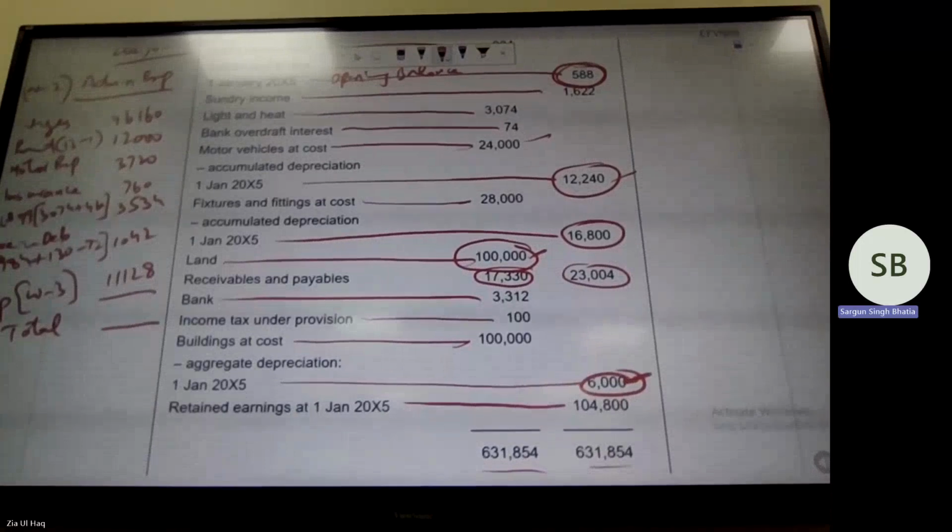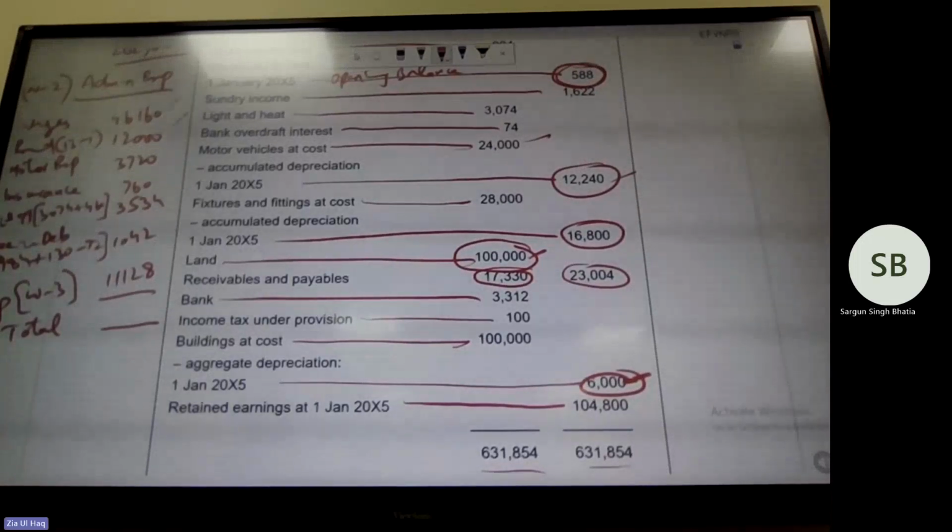Can you calculate admin expenses for me? Wages, rent, motor expenses, insurance, light and heat, irrecoverable debt, and depreciation. Please give me the total figure. 78,344.